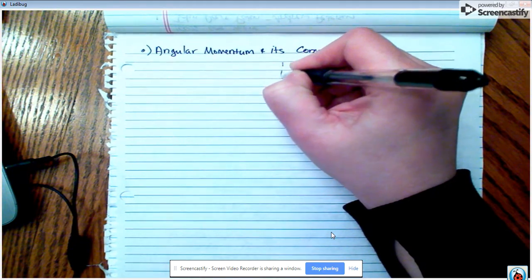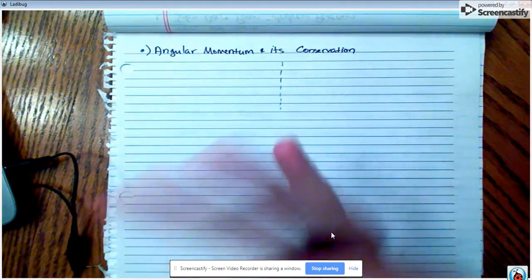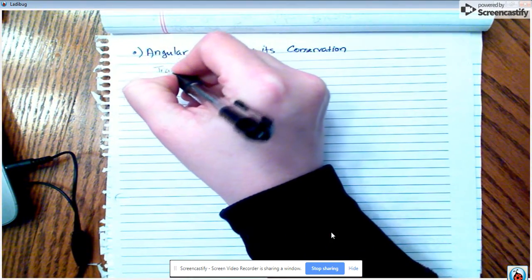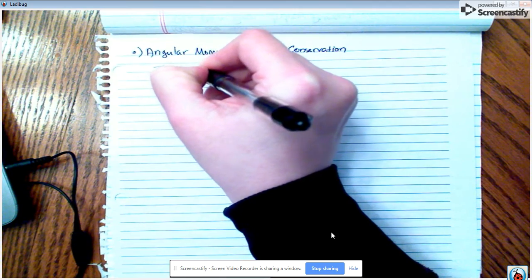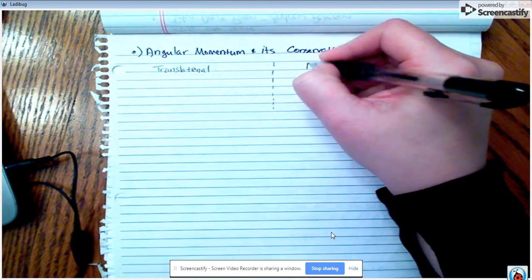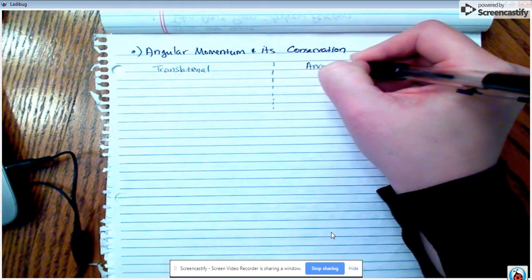So, angular momentum and its conservation. First, I think it helps to just compare our angular or rotational momentum to translational. So we'll go translational and angular.